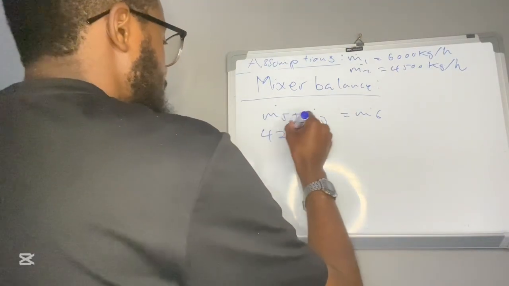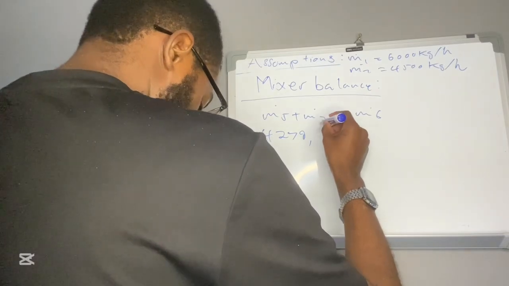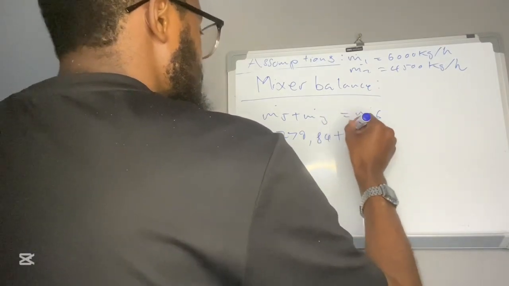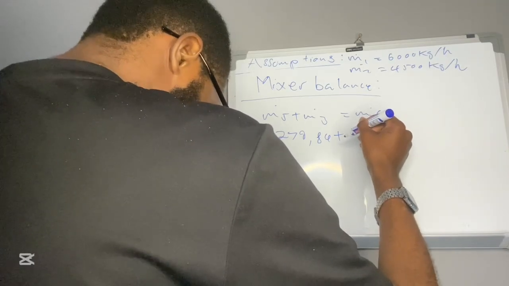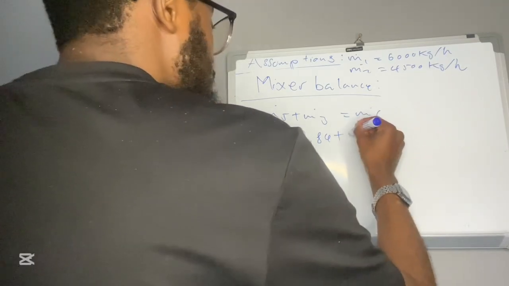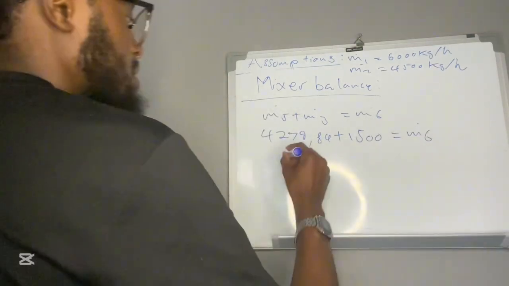So M5 is 4,279.84 plus M3, which was 1,500, equals M6.